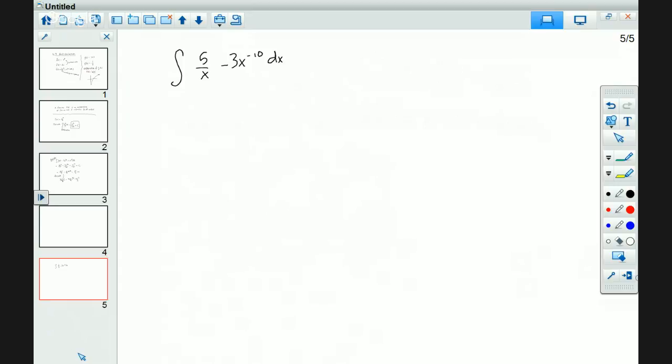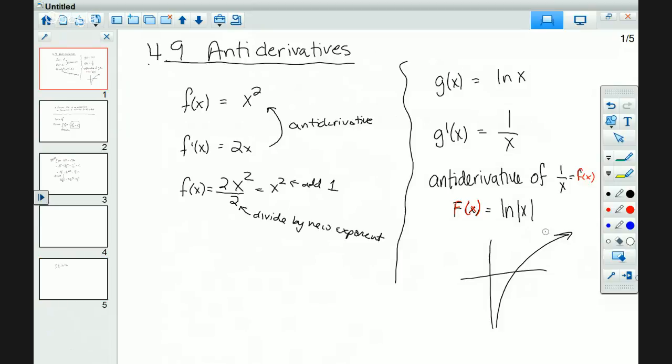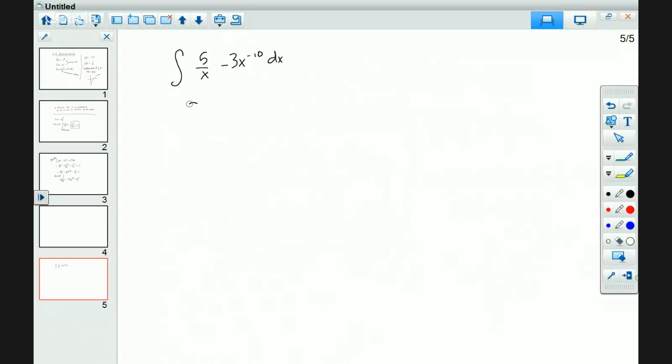Okay, so do you remember what the antiderivative of 1 over x is? Natural log. Absolutely. So 5 natural log absolute value x. That's this.